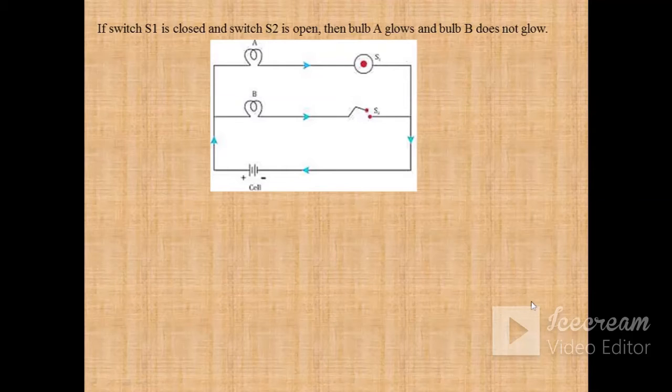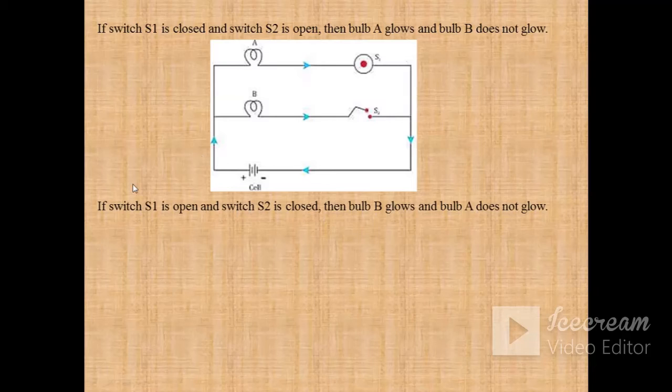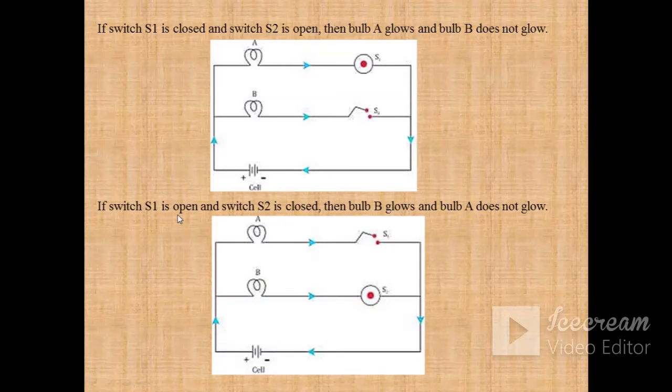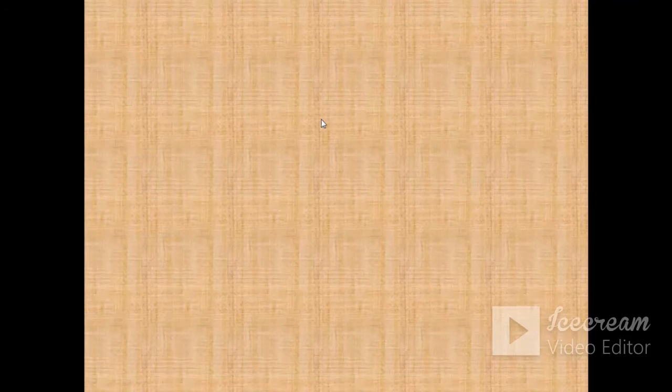But in this case, since both of the bulbs have different or independent switches, bulb A glows but bulb B does not glow. Now suppose I open the switch S1 and close the switch S2, then bulb B glows and bulb A does not glow. The reason is the same, because they are both connected to the power source with independent wires.